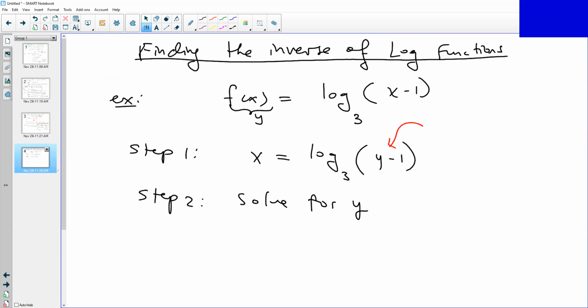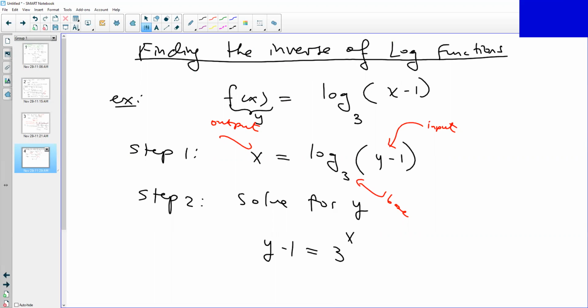What I have here is called the input, what I have here is called the base, and this right here is the output. Now let's write input equal base to the output. So input is y minus 1, the base is 3, and the output is x. So 3 to the x.